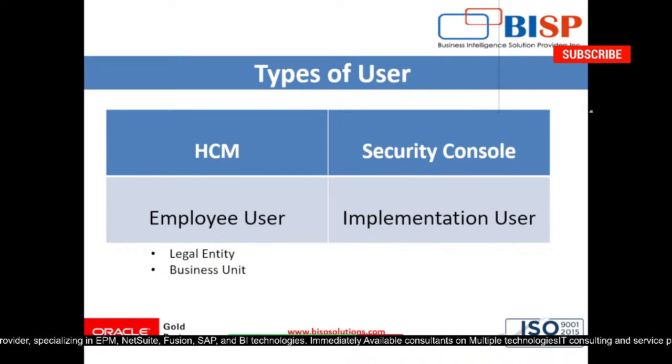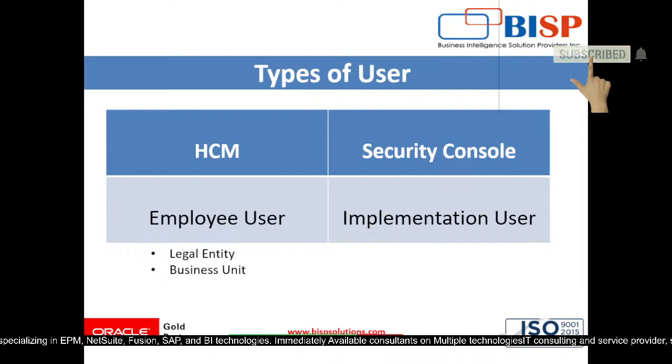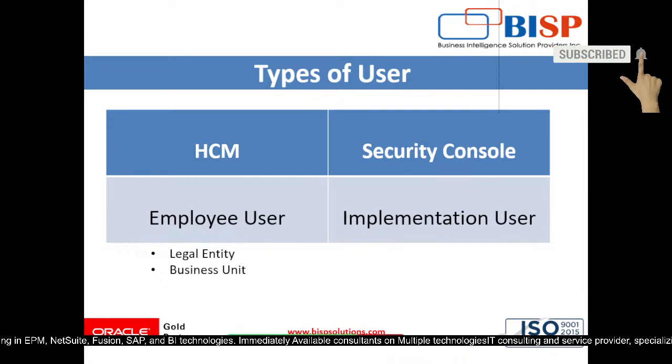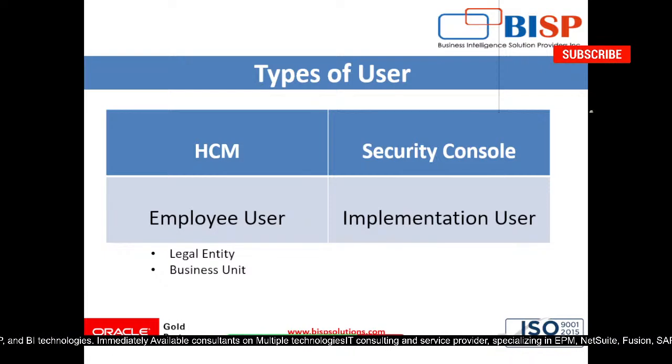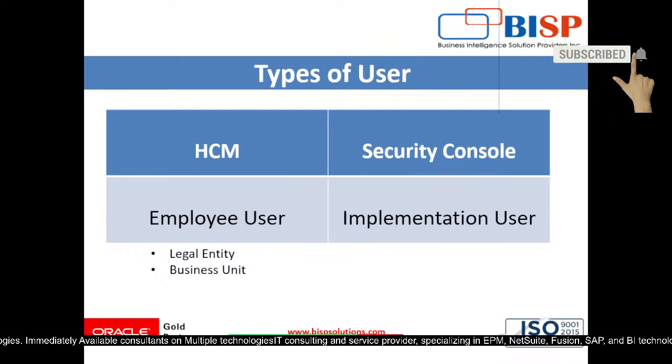After that, we can create the employee user. I repeat, first we create the legislative data group. After that, we assign the legislative data group to this legal entity, and then we can create the employee user, right? So let's move to the instance.